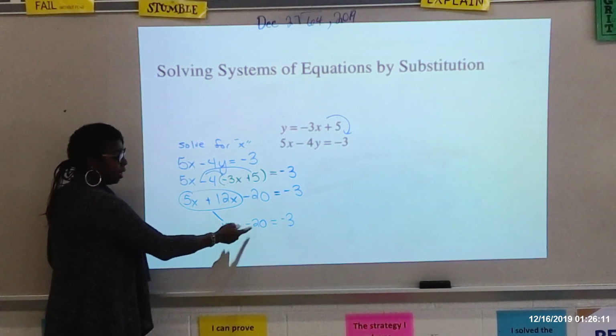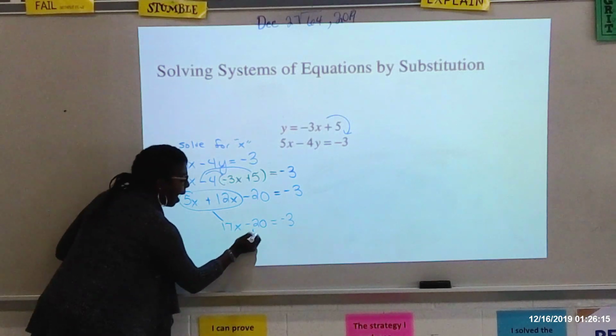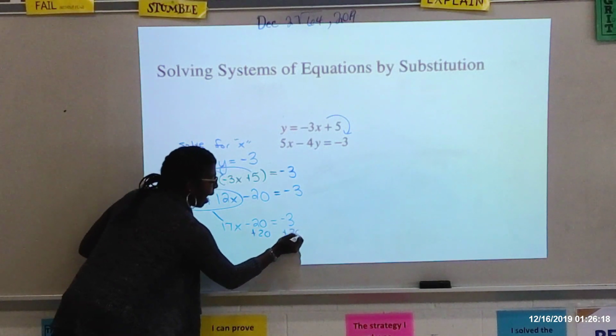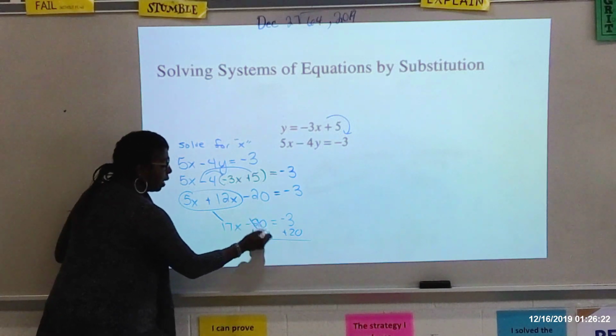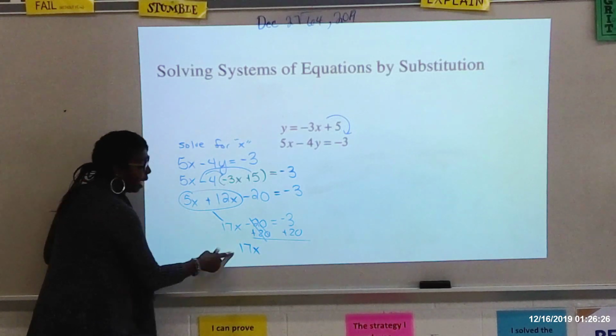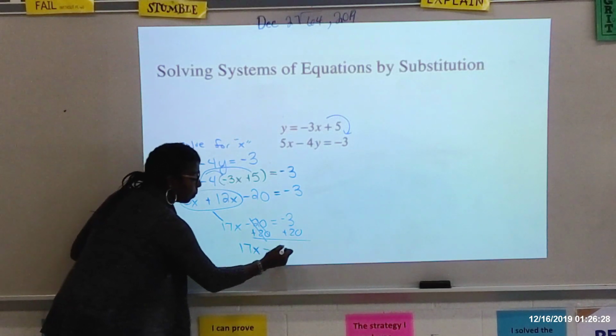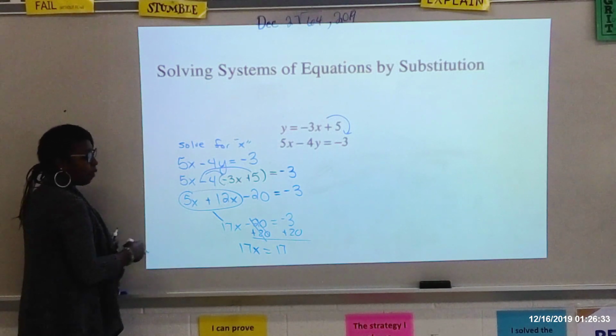The opposite or the inverse of subtracting 20 would be to add 20, so I can isolate my expression with the variable. The 20s cancel out and I'm left with 17x is equal to 17. I want to get x by itself or isolated.